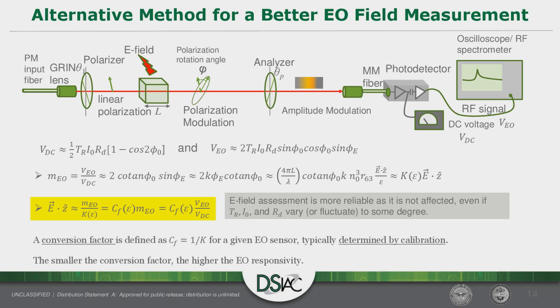We will ignore that at this moment. We'll explain that later. So the E field can be measured by measuring this ratio, the modulation depth M sub EO, times a conversion factor. This conversion factor can be calculated considering these parameters, or you can carry out calibration and find out these conversion factors.